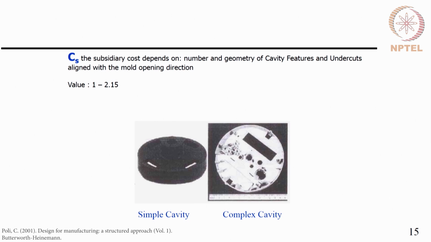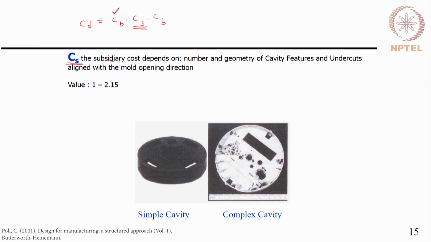The next cost element that determines CD, if you remember, CD is CB times CS times CT. So, we have seen the basic cost. Now we can look at what are the elements in the mold that determine the subsidiary cost.